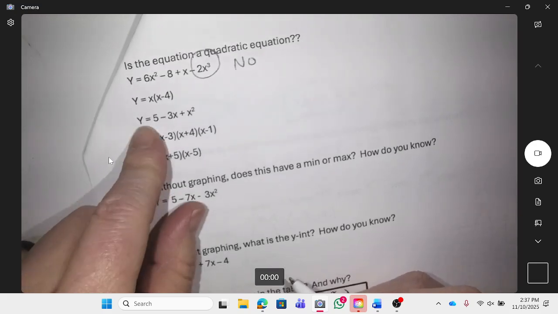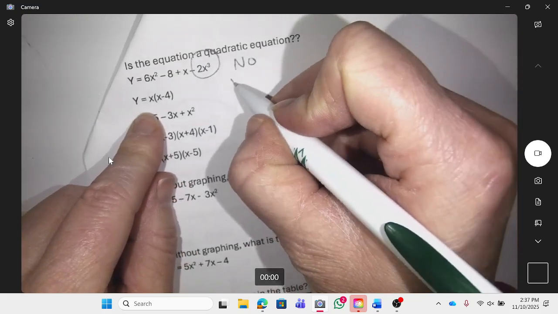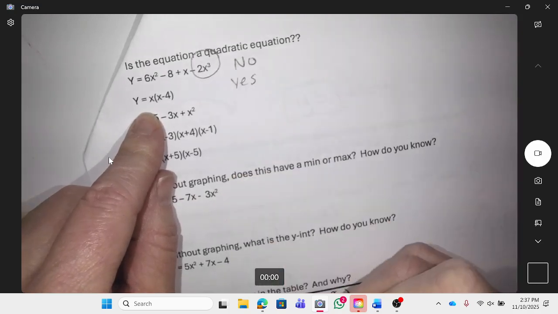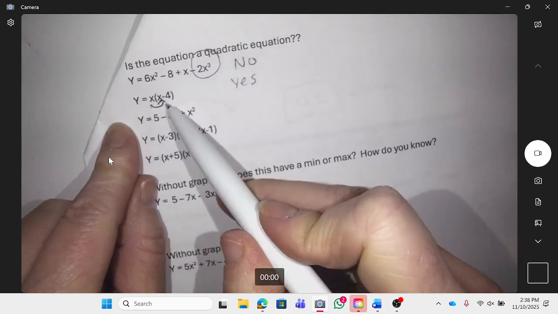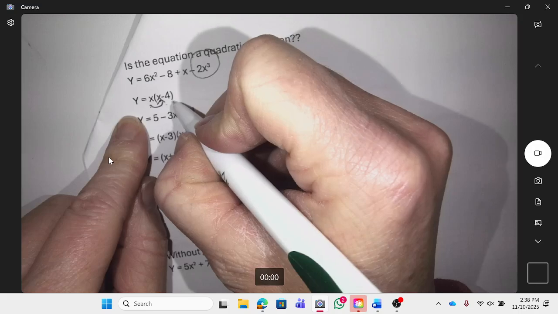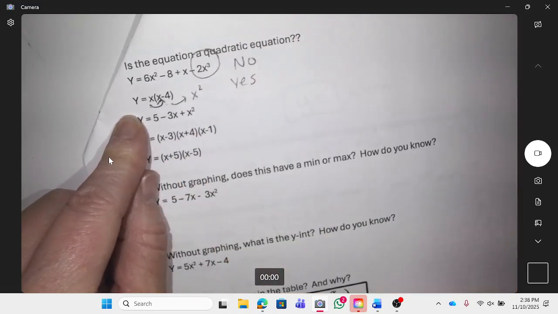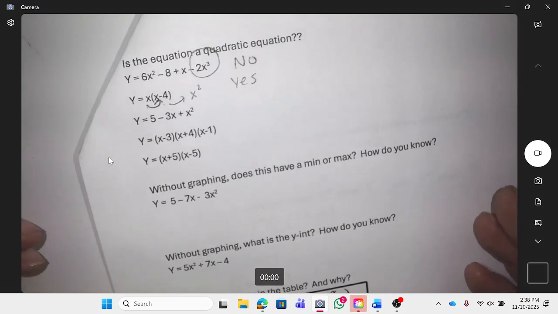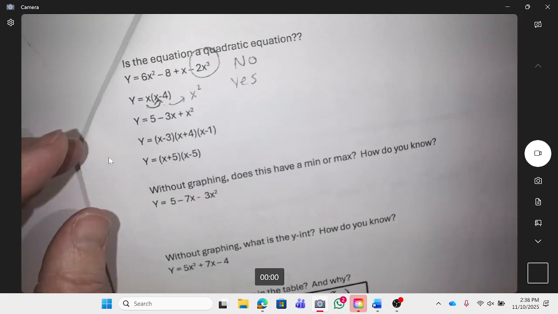Is the second one a quadratic? The answer is yes. What's the reasoning? Timesing that will make a x squared. Okay, I have two x's getting multiplied. So in grade 10, you learned about foiling stuff, right? Foiling it out.